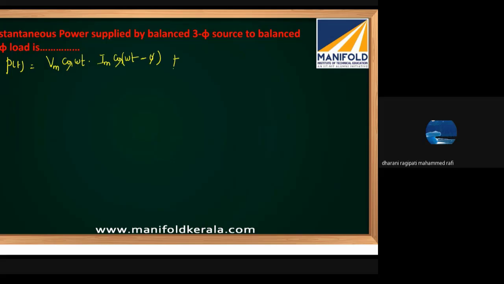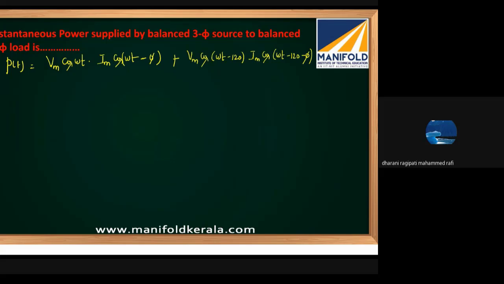What about the B phase product? Vb of t is Vm cos of omega t minus 120, into the current Im cos of omega t minus 120 minus phi.